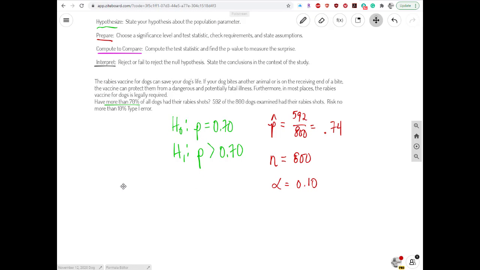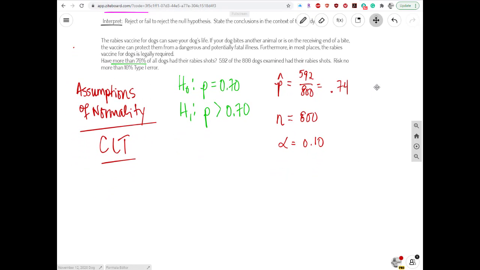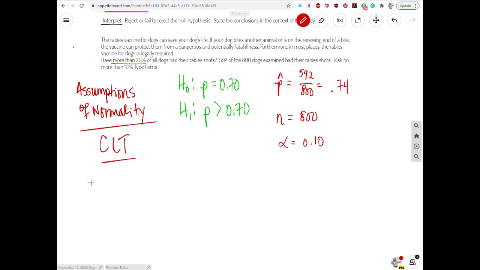The next thing I need to do is check my assumptions of normality. I'm not told that this is normally distributed, so because it doesn't tell me that, I need to see if the conditions of the central limit theorem will apply. The first condition is that I need to make sure that my sample was randomly and independently drawn.